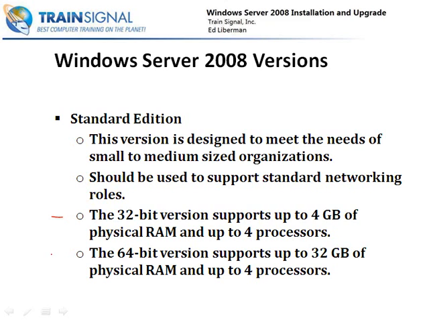The 64-bit version supports the same 4 processors, but you'll see here that it gives you up to 32 gigabytes of physical RAM capabilities. And that's fairly significant, the difference between 4 gigabytes and 32 gigabytes of RAM.